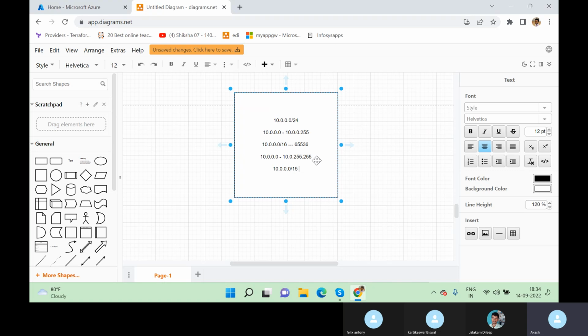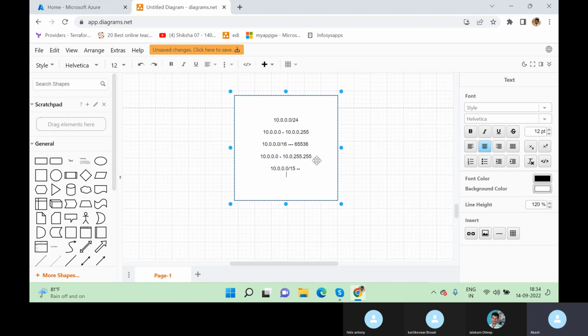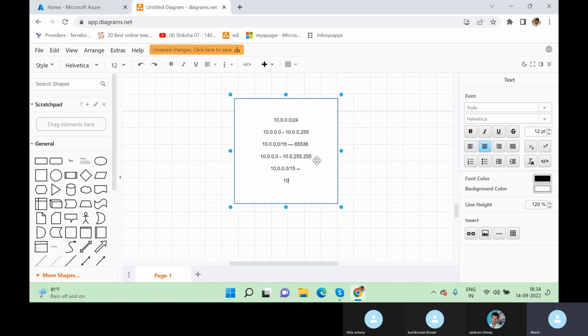That is going to be 10.0.0.0/15. The number of IPs is not necessary here; the concept is more important. 10.0.0.0 to 10.0.255.255 gives 65,536 IPs.